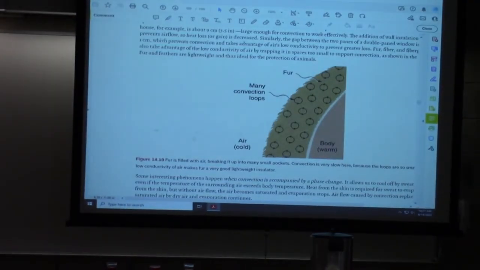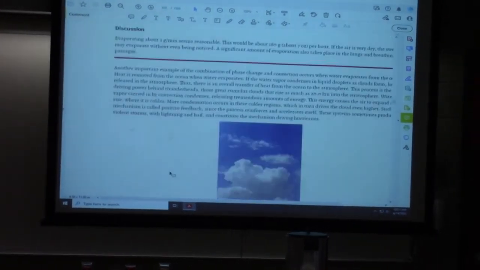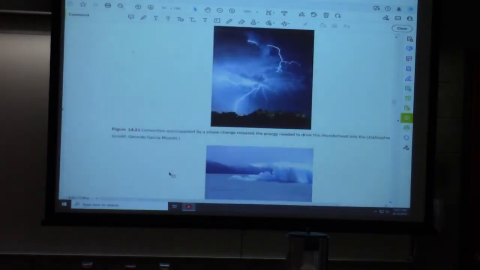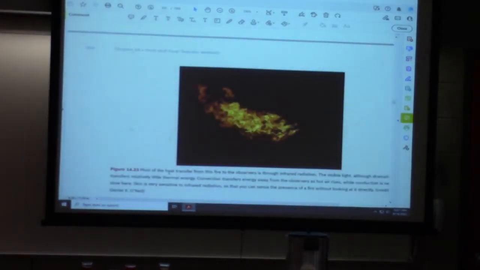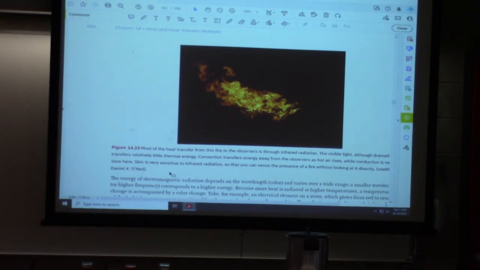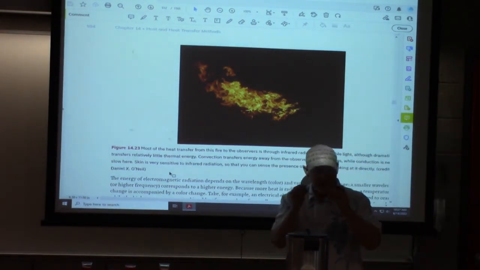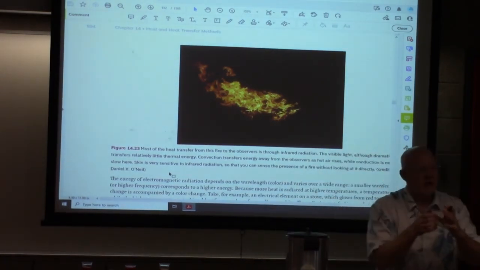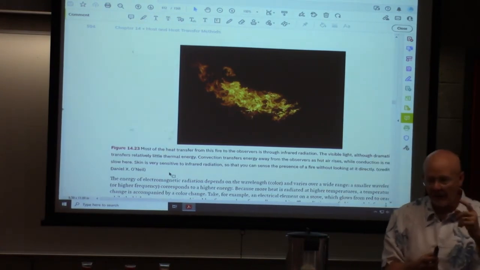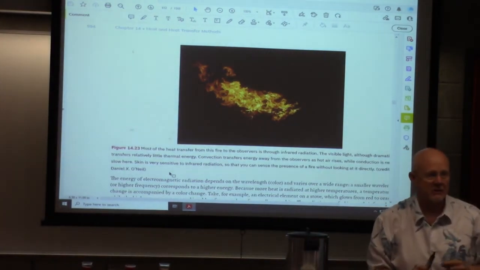Your author does a pretty good job here to try to get you to understand by saying, let's take some pictures of different objects. And he starts with a fire. Well, it makes sense. There are parts in a fire that are so hot that the molecules are moving so fast that they're bouncing around at a frequency that you can detect with your eyes.